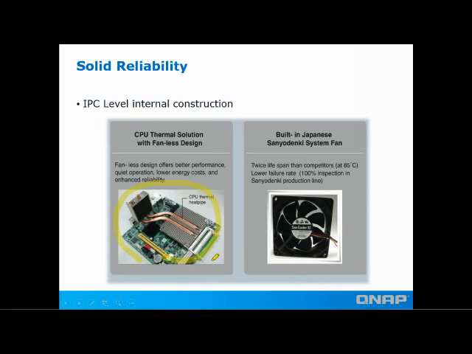Besides the slots for the hard drive, every inch of the box is packed with really strong internals. For example, we have industrial PC level thermal cooling pipes, and also very high quality cooling fans built by Sanyo Denki, which is a very high quality fan, which is basically indestructible. At least that's what our vendor told us. But we are using top shelf components in our standalone servers, which is hard to tell from the outside.